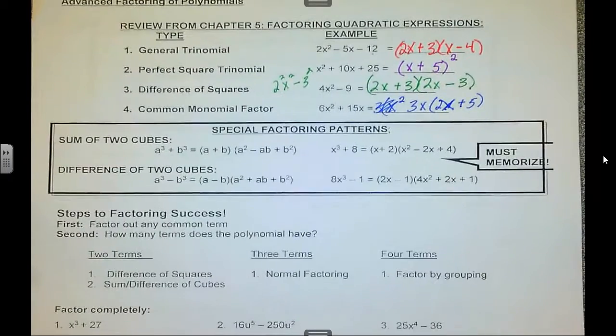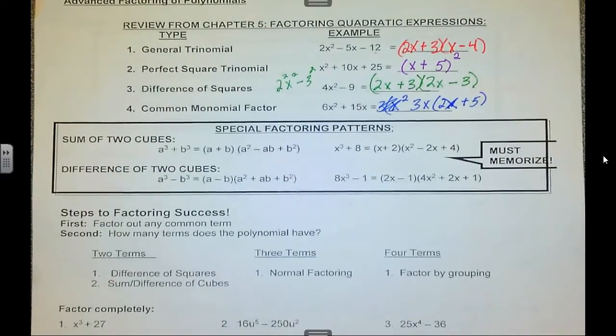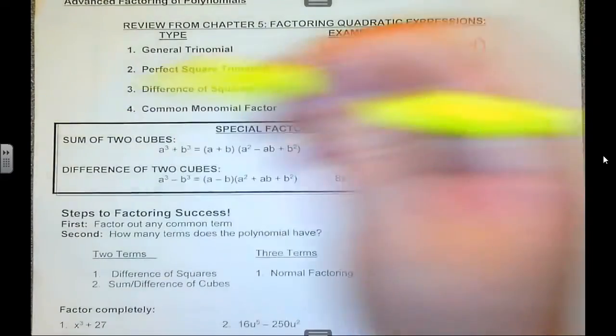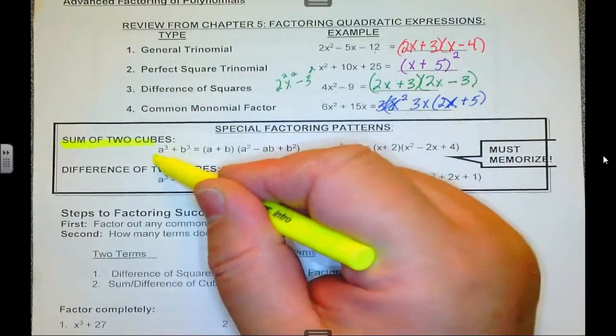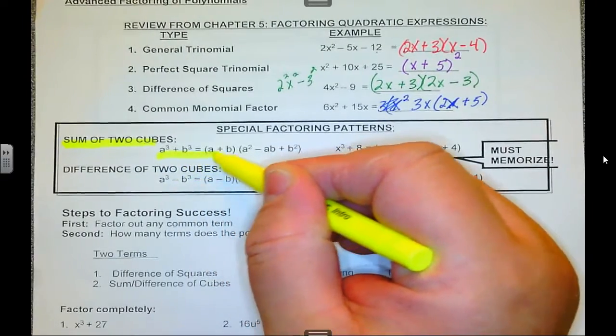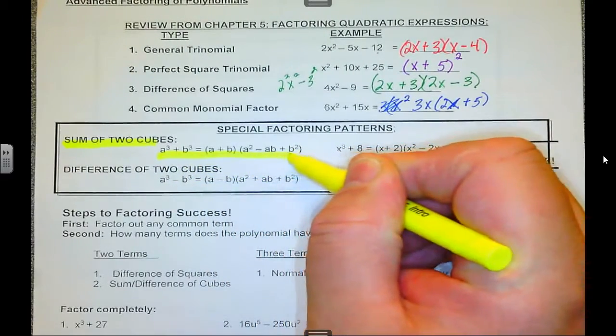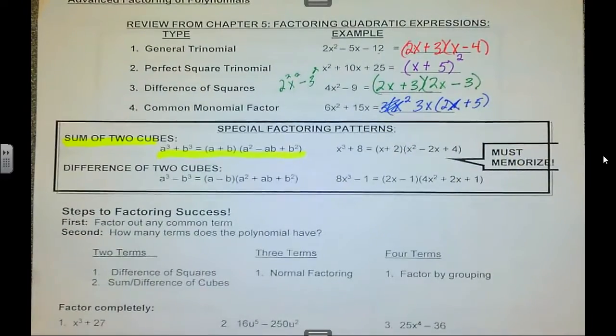Okay, what we're going to do now is, quiet, is we're going to factor cubes. The sum of 2 cubes, a cubed plus b cubed, equals a plus b times quantity a squared minus ab plus b squared.